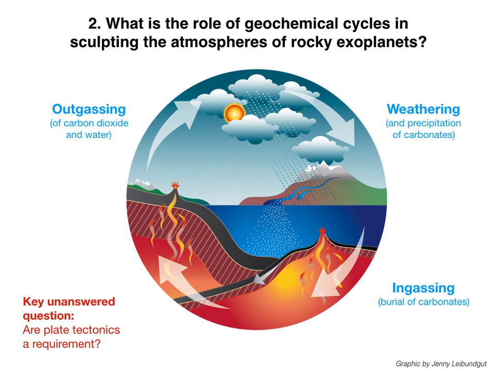This cycle also exerts a negative climate feedback on the Earth's atmosphere in the following sense. If a lot of carbon dioxide accumulates in the atmosphere, then because carbon dioxide is a greenhouse gas, the atmosphere gets warmer. And when the atmosphere gets warmer, the strength of weathering increases exponentially.